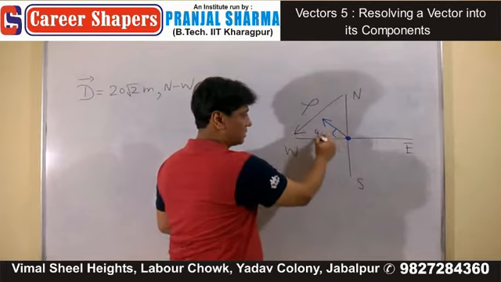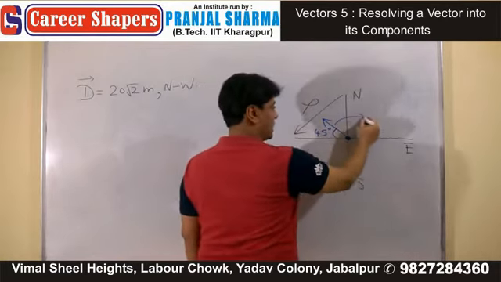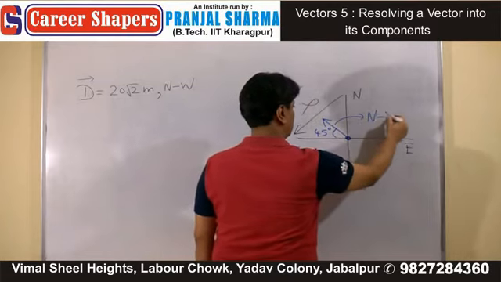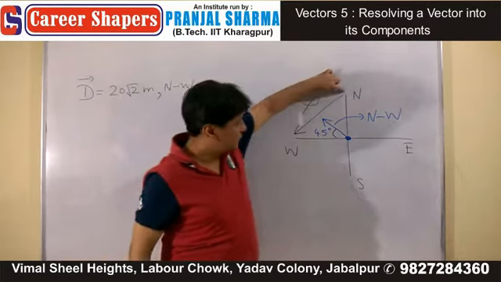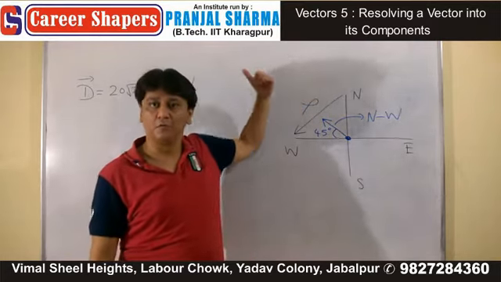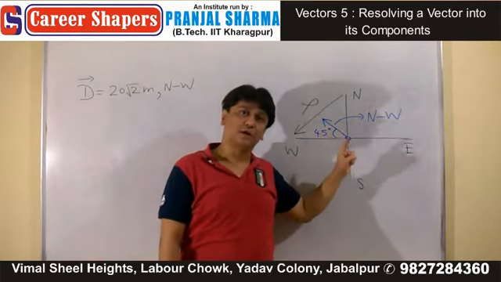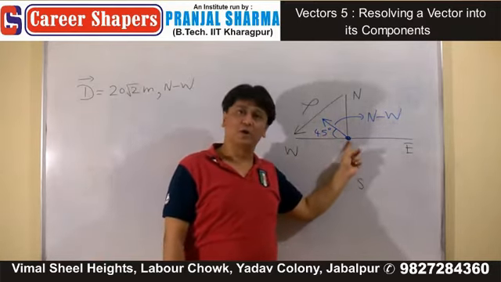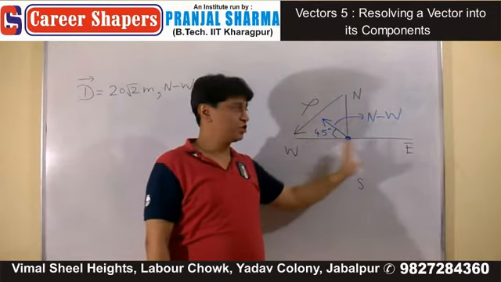This angle is 45. And this direction is called northwest. This, remember, is not northwest. Why? Because the person who is going to draw this vector is standing over here at the origin. As a side note, you will mention it.